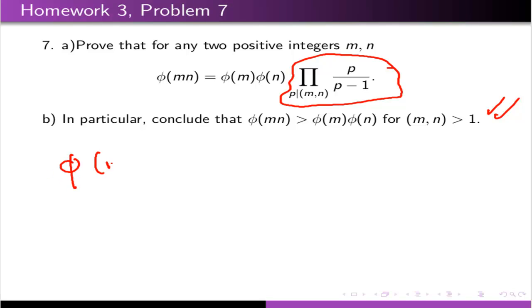Phi of m is m times the product over p dividing m of 1 minus 1 over p. Now this product means a product over the distinct prime divisors of m.